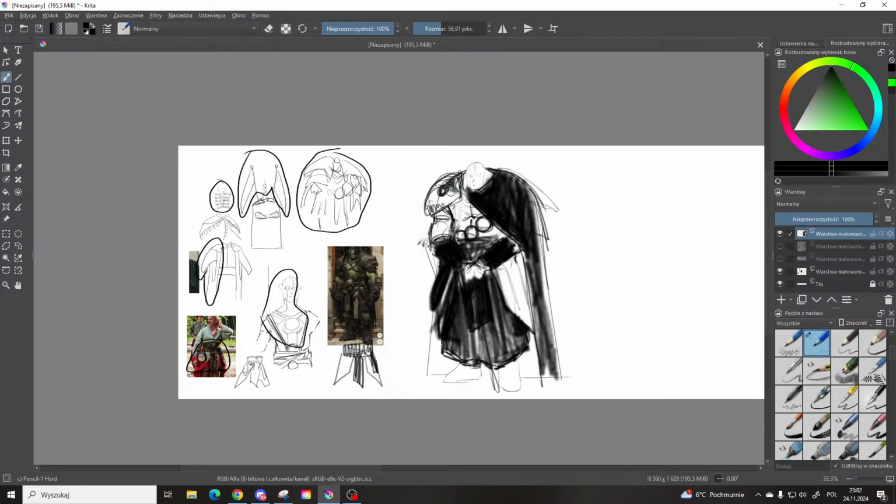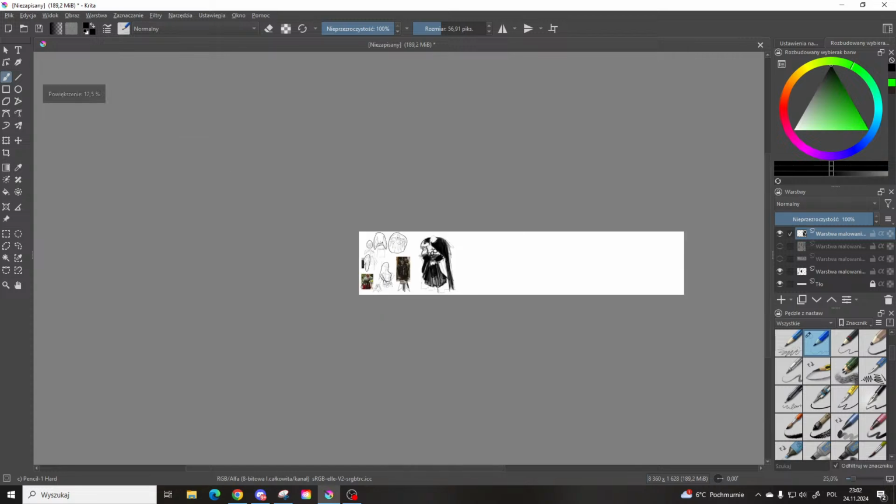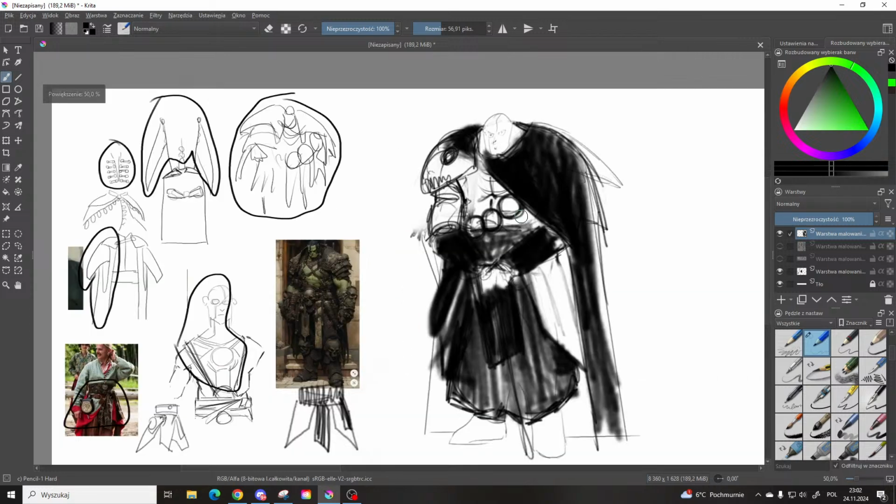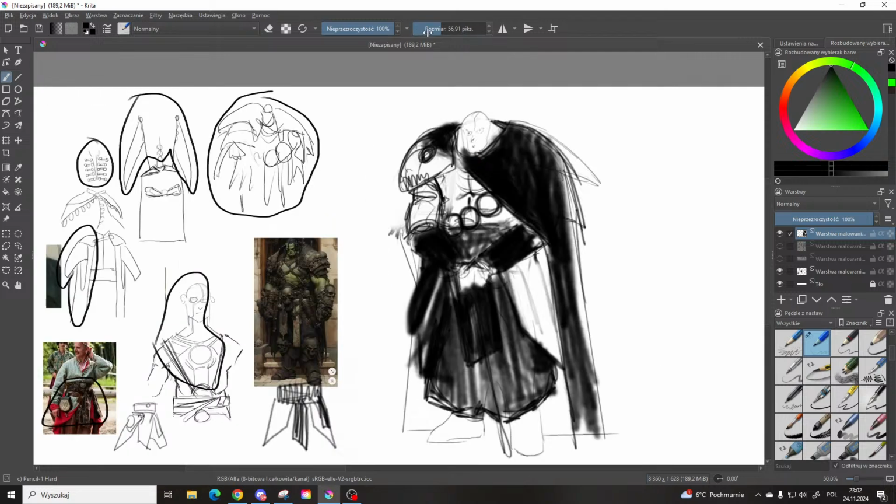Okay, so what we have so far. Does he look like a leader? Maybe. It will depend a lot on what he will have on his face. My idea was covering most of his face and just showing the trophies.